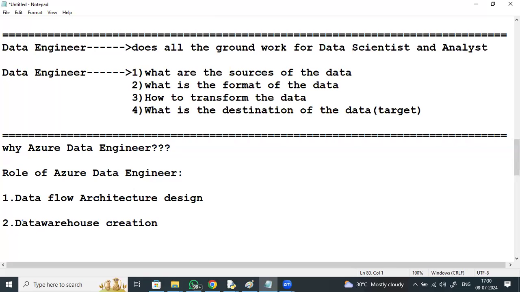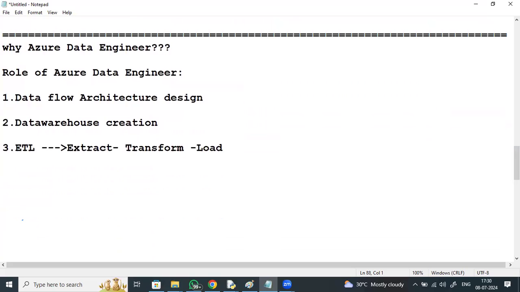And the major role of the Azure data engineer, ETL: extract, transform, load. People from an ETL background know about it, right? This ETL is one of the key tasks of data engineers.